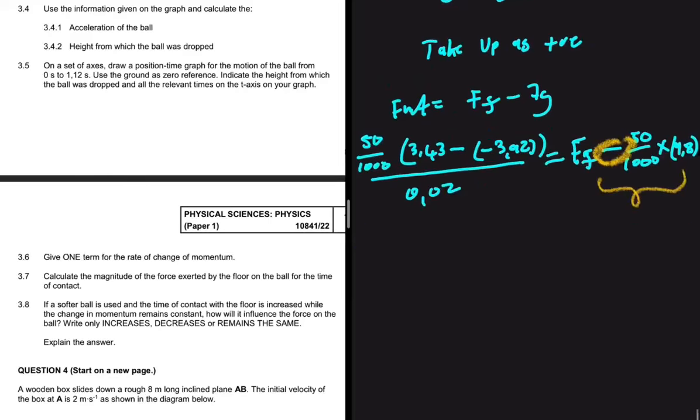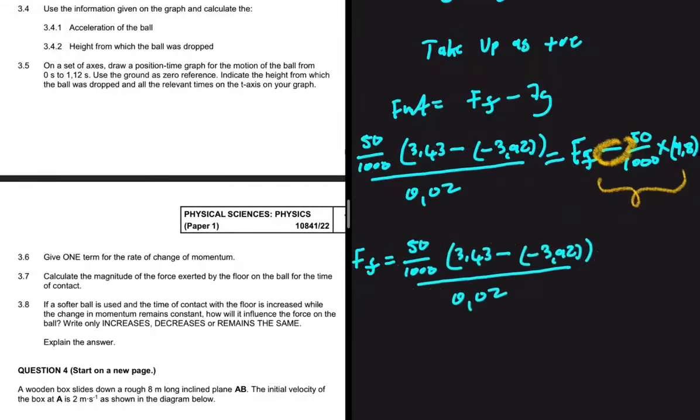If we do that, we're going to get the force exerted by the floor being equal to, so now let's just drag and drop for the sake of time, we duplicate that, and then we're going to have plus 50 divided by 1000 multiplied by 9.8. And that should give us 18.865 newtons.